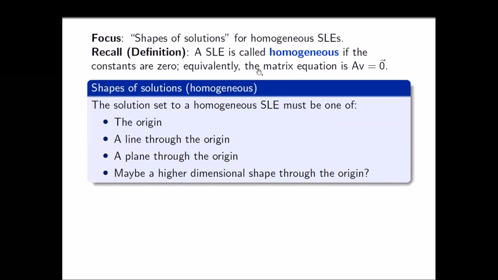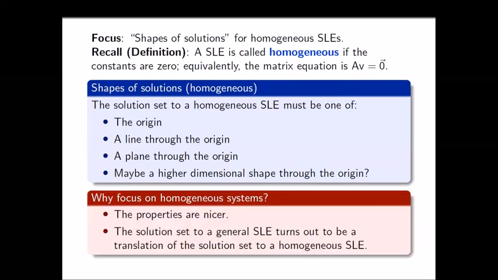So when the system of linear equations is homogeneous, we can still have all the shapes possible for the set of solutions, but we can't have the empty set anymore because the zero vector is always a solution. So there is always at least one solution. So the solution set cannot be empty.